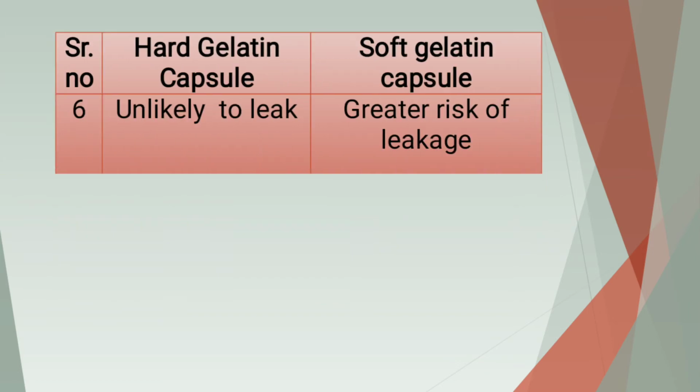Then the next difference, as we have seen, hard gelatin capsules are generally used to store or fill dry or powdered drug content, therefore they are unlikely to leak, whereas soft gelatin capsules are generally used to store oil based solution, therefore they have a greater risk of leakage.